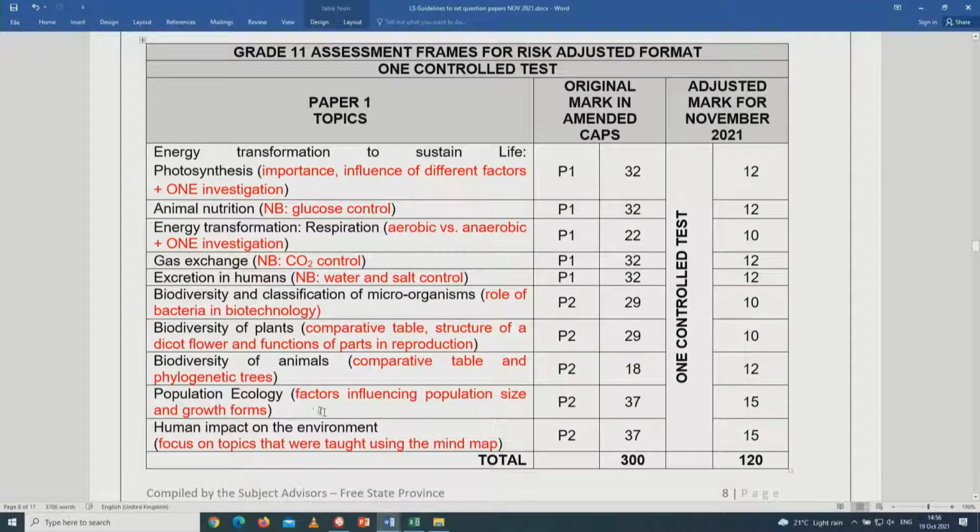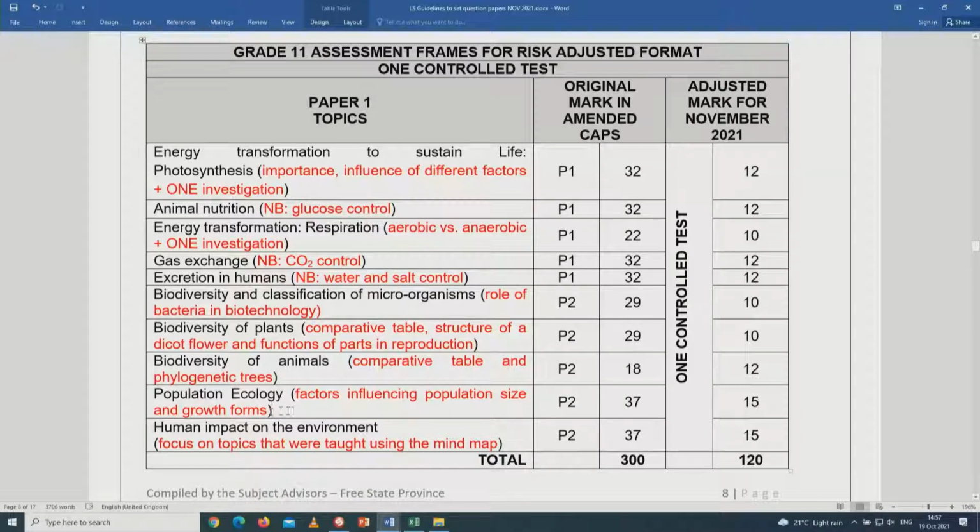So population ecology, we thought factors influencing population size. In other words, it's the parameters, immigration, emigration, and then also, I can't get to the other two, the birth rate and the death rate.